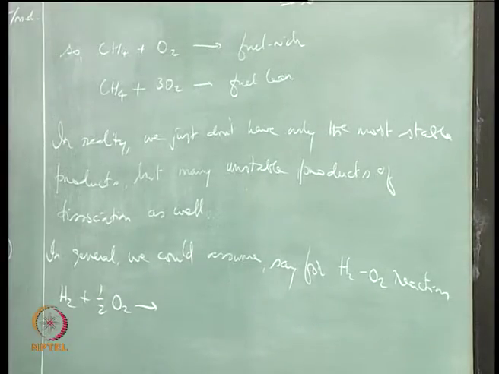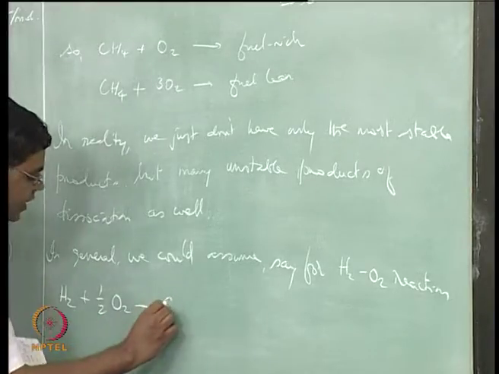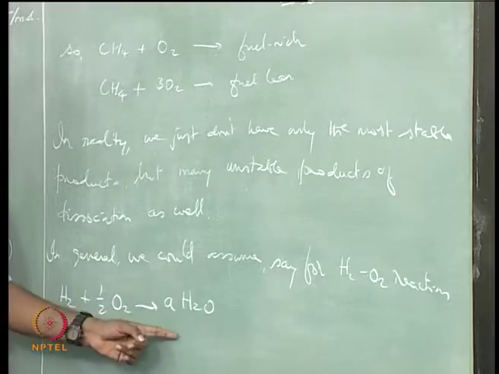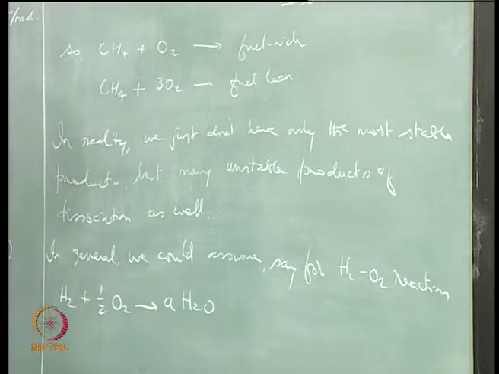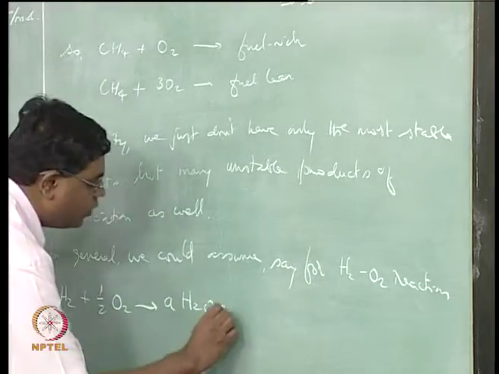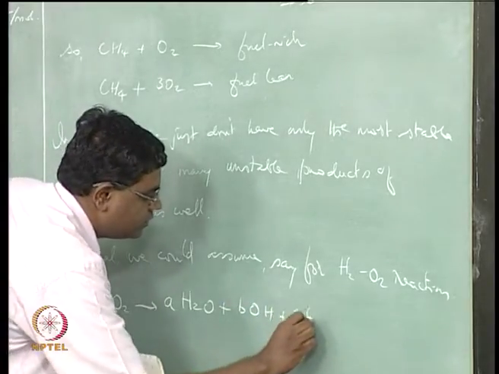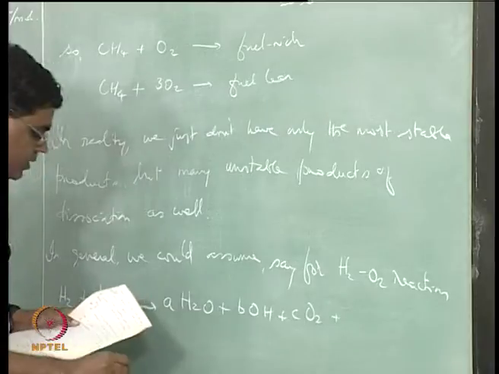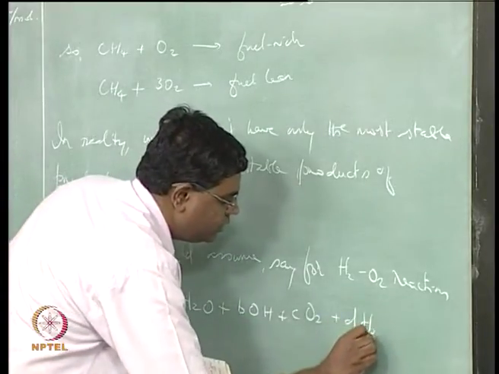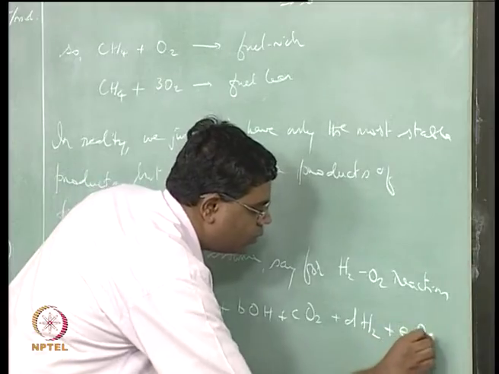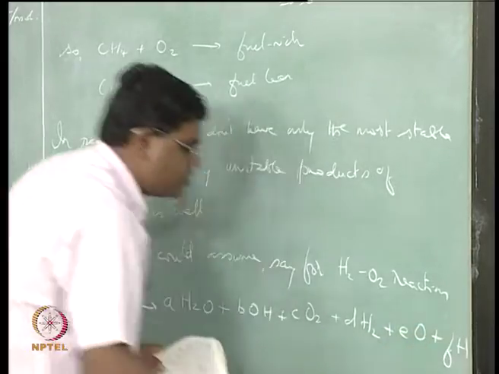So what I would actually have to say is I have only 1 mole, so that means I know A is equal to 1, but in reality we have to now consider BOH plus CO2 plus DH2 plus EO plus FH.